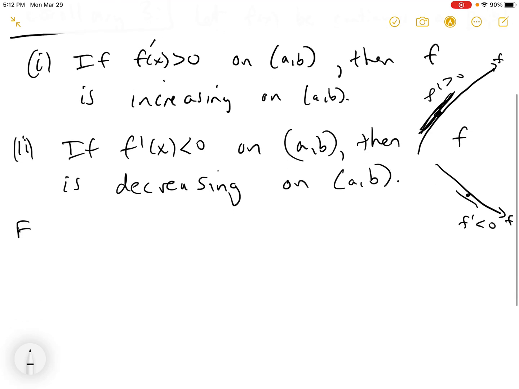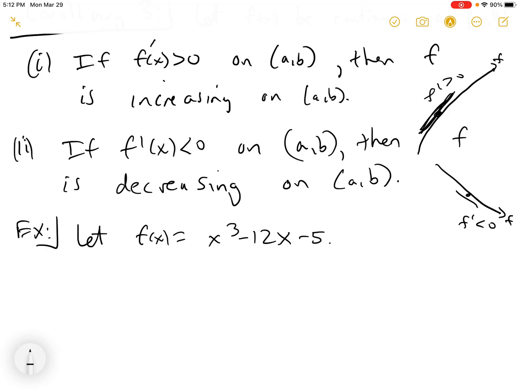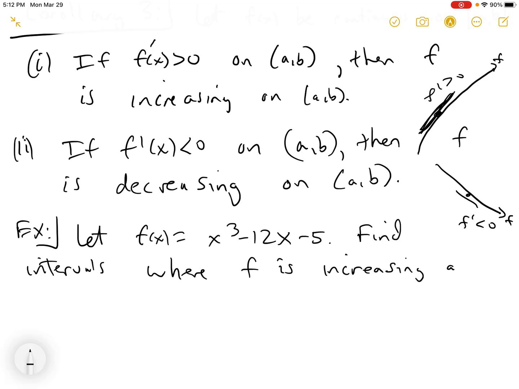All right, so let's look at an example. We're going to let f of x be the function x cubed minus 12x minus 5. And we want to find the intervals where f is increasing and or decreasing.